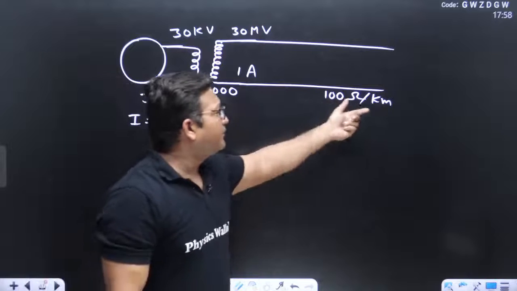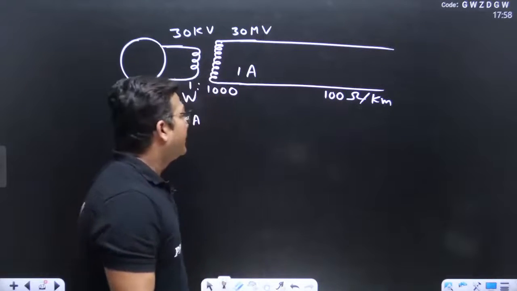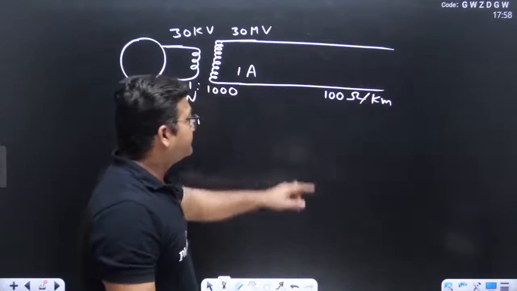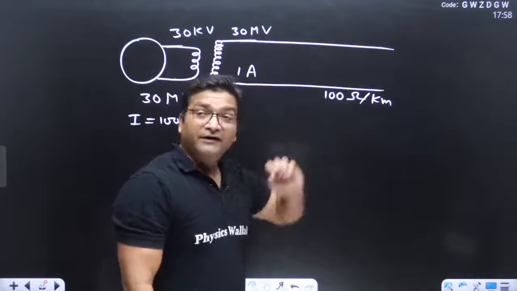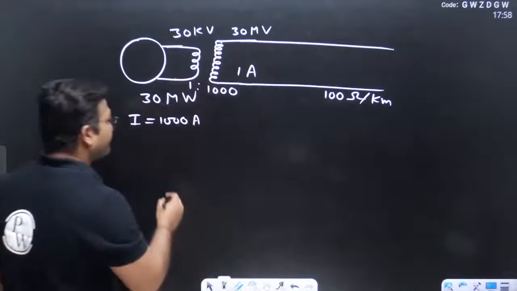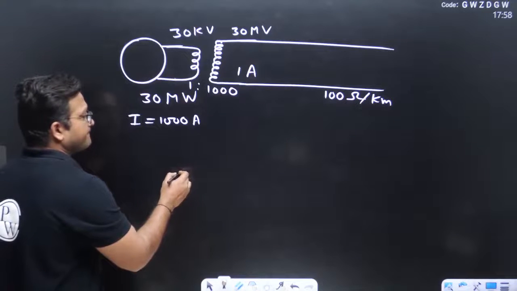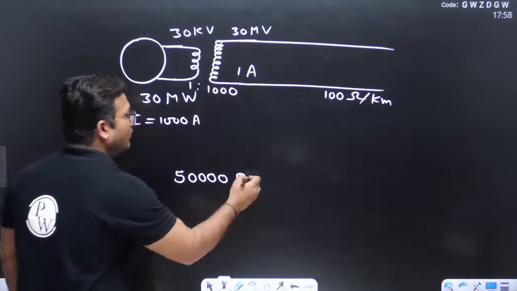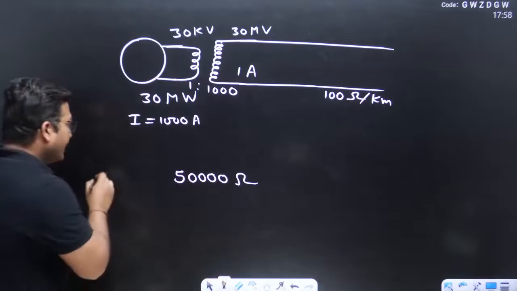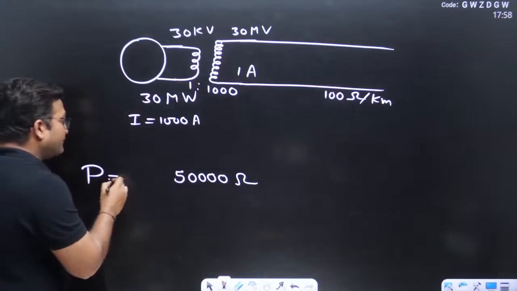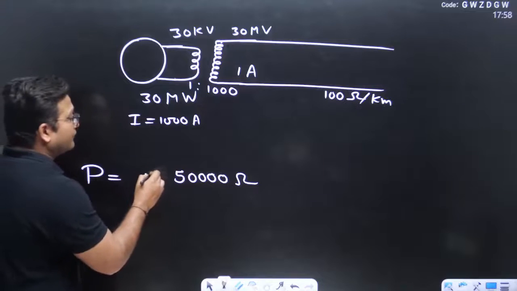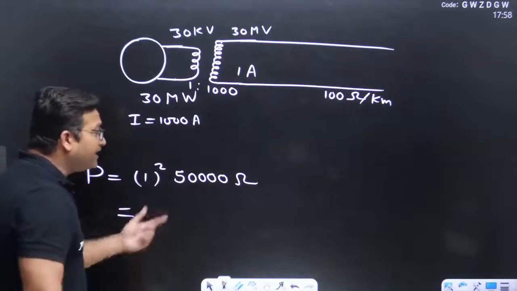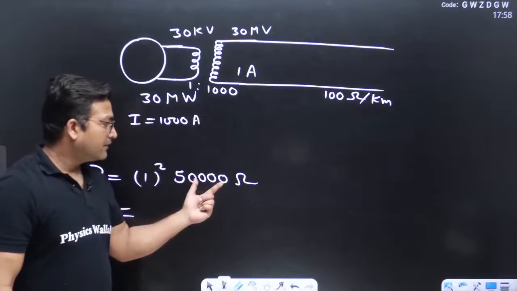Resistance is 100 ohm per kilometer. If resistance is 100 ohm per kilometer, the 500 kilometer resistance should be 50000 ohms. And if we now calculate the power loss, it is I square R, so 1 ampere square times R, and this will be only 50 kilowatt.